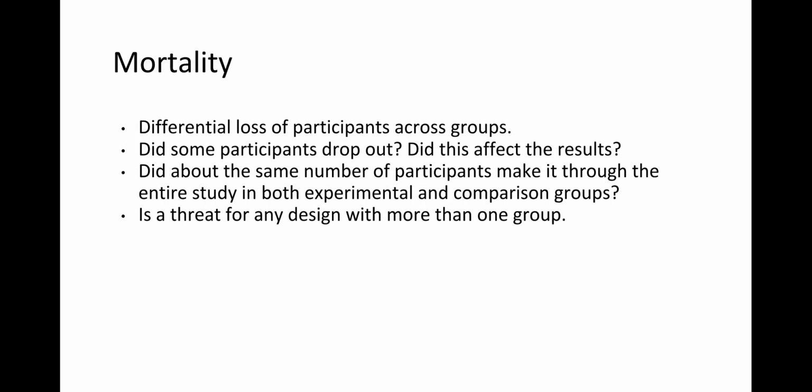Mortality, differential loss of participants across groups. Number one, mortality: if you have a first group, second group, and third group, right? Every human being is dying. You cannot guarantee all subjects remain in that group. Are you with me?